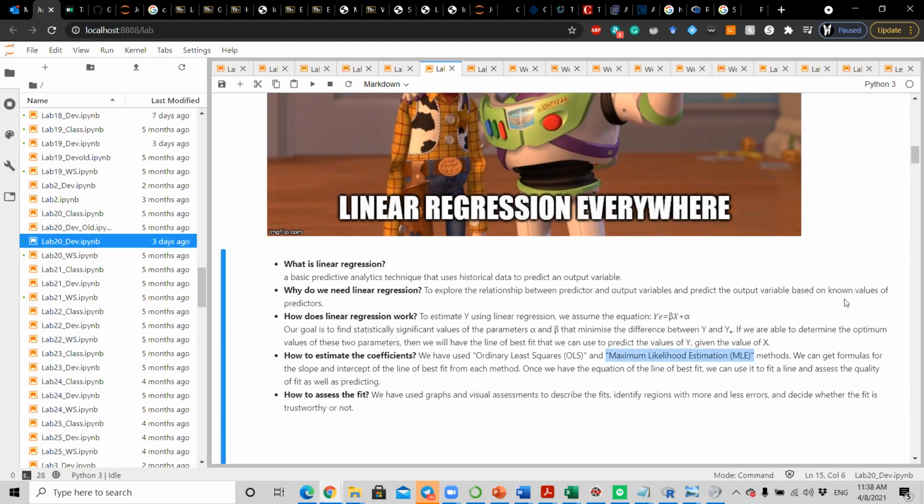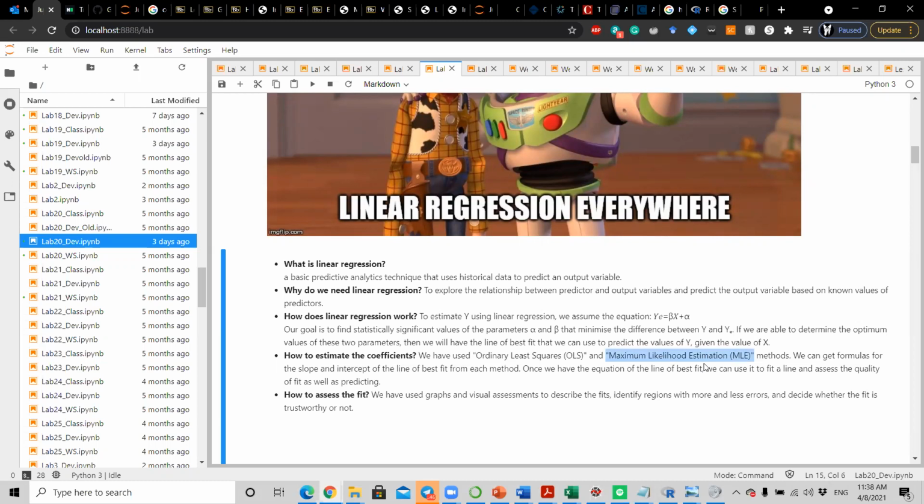It's where we use the known values and data we have to find unknown parameters. Yes. MLE stands for maximum likelihood estimation. And that was the method that we used to get those formulas and to calculate the values for slope and intercept.